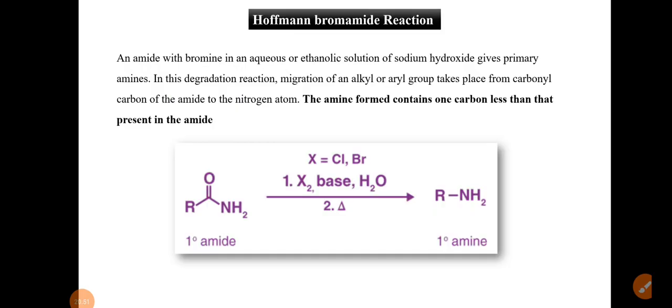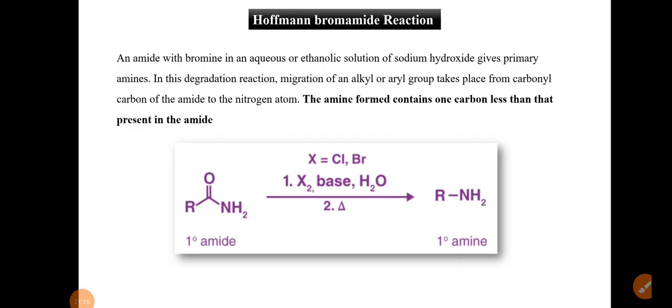Okay, a very well known reaction, the Hofmann bromamide reaction. An amide with bromine in an aqueous or ethanolic solution of sodium hydroxide gives primary amines, right? The Hofmann reaction is basically for making primary amines. In this degradation reaction, migration of an alkyl or aryl group takes place from the carbonyl carbon of the amide to the nitrogen atom.